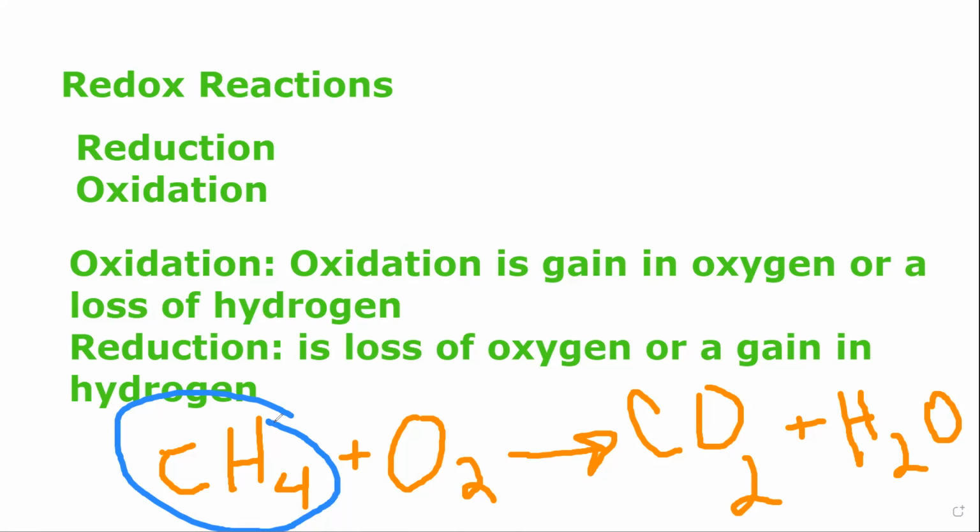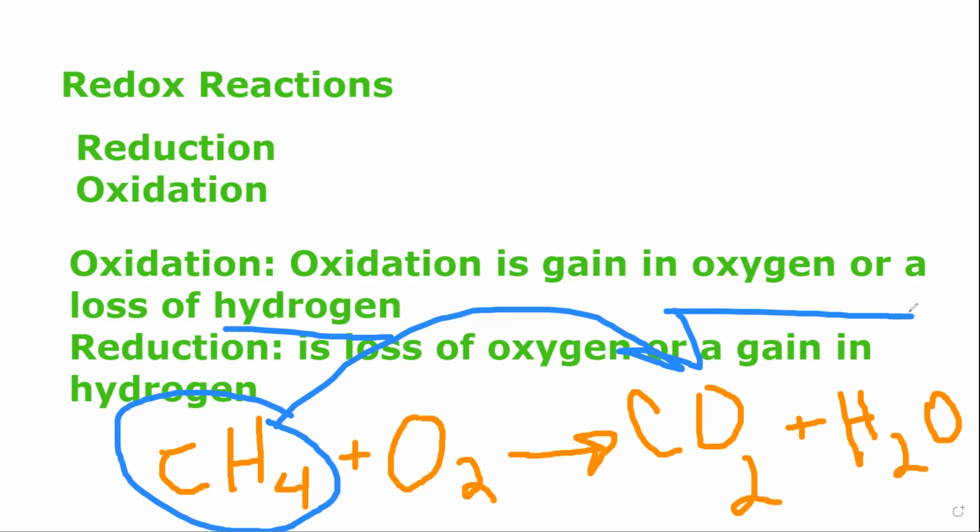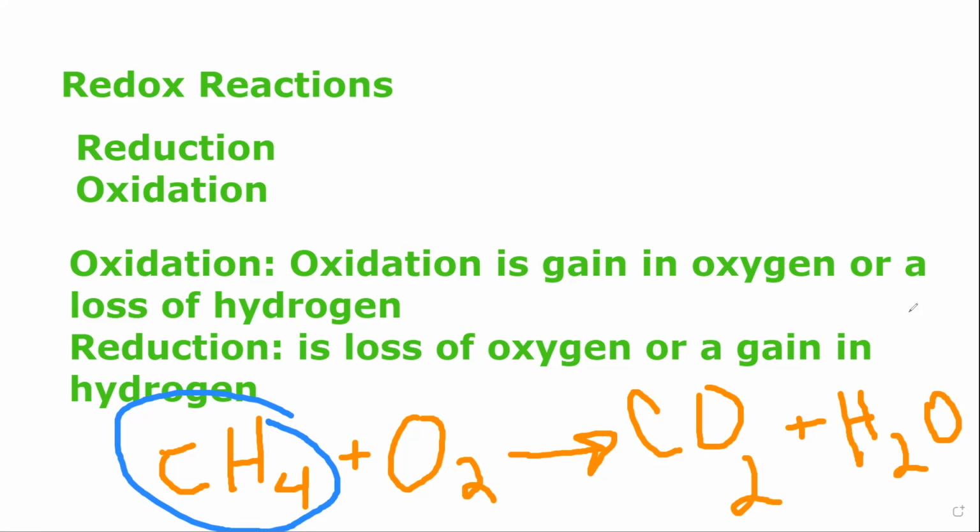If we consider it both ways, the carbon atom lost some hydrogen and gained oxygen, which is again oxidation. Substances which help oxidation to take place are called oxidizing agents, or oxidants.